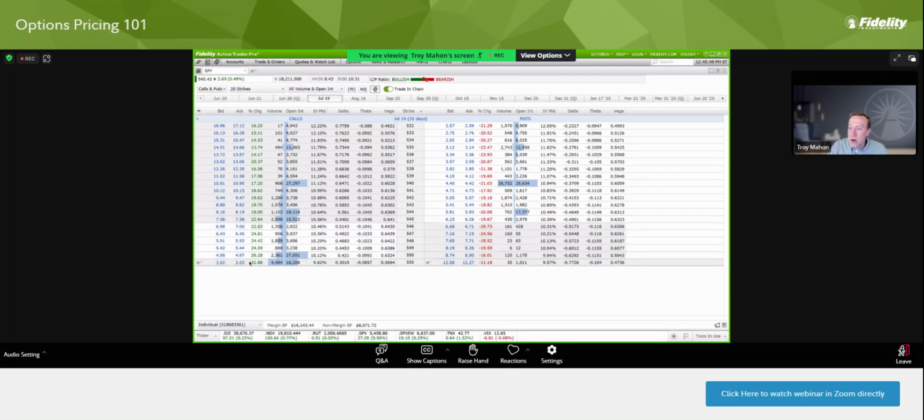But both of these are out of the money contracts. And so if we are buyers of these contracts, we want a favorable stock price movement and/or a favorable expansion in implied volatility to increase the price of our option contract. We want that because we're a buyer.